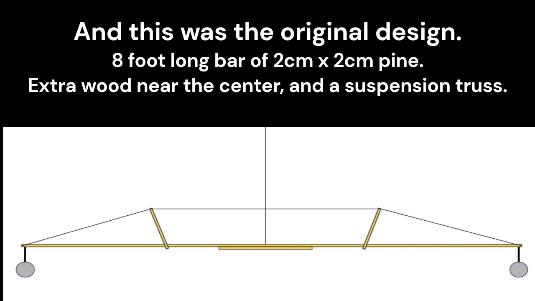So I built a suspension truss over the top of it, and when I built that truss, I put tension in it so that the wooden bar bent upwards when the balls weren't hanging on it, so that when the balls were hanging on it, it came back to very close to straight.